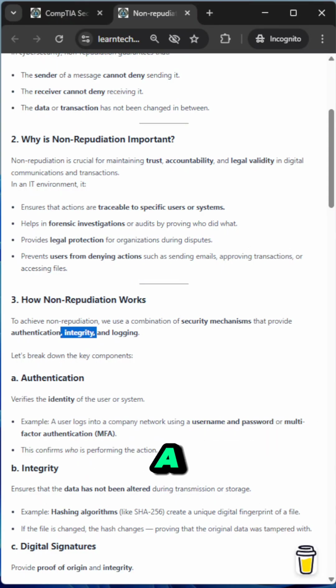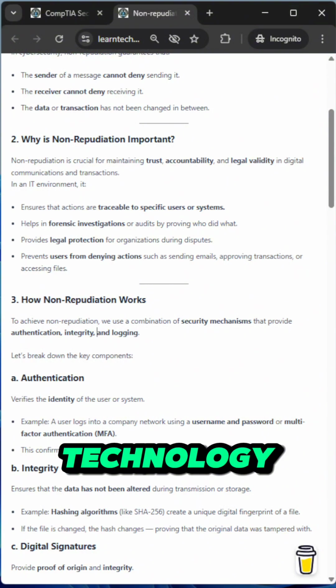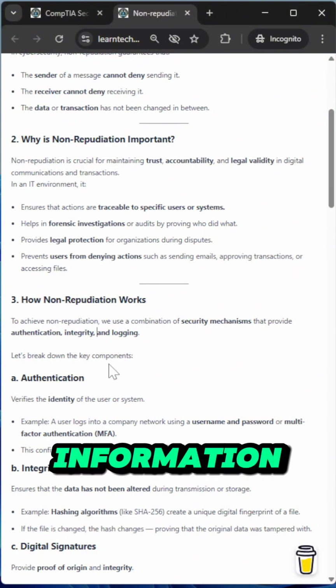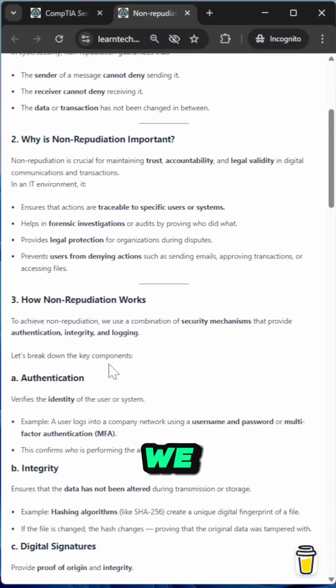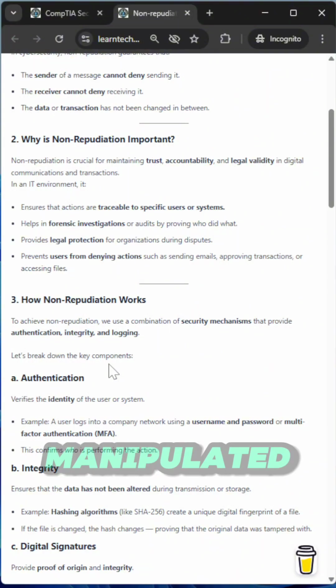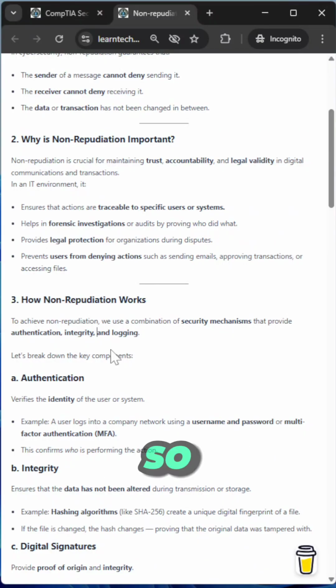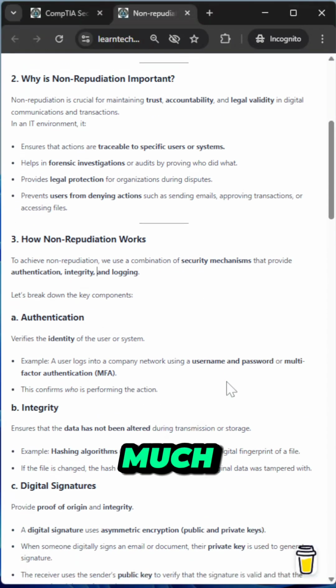Integrity is another technology that we will cover later on, and we have also covered a bit of information about integrity, where we use hashing technology to prove if any information has been manipulated or changed. We will cover this in greater detail later on, so don't worry about it too much.